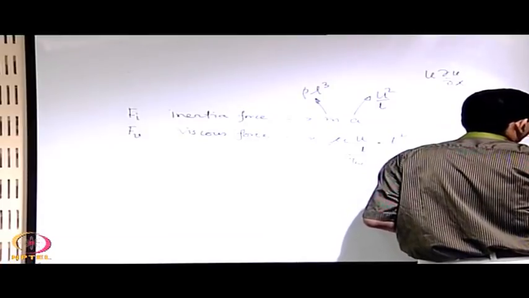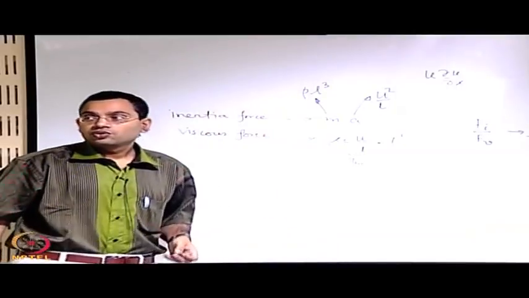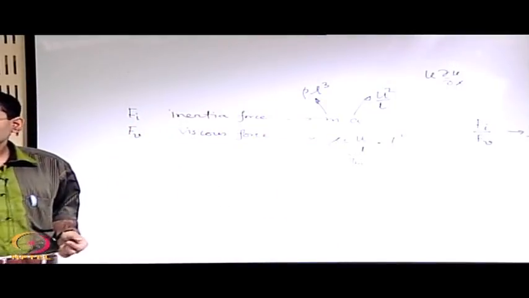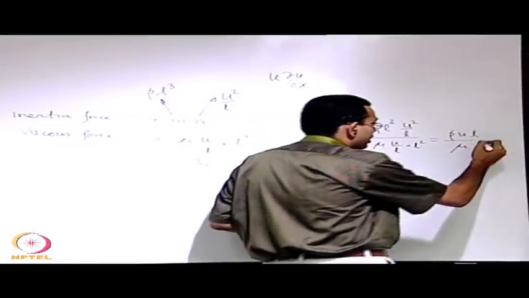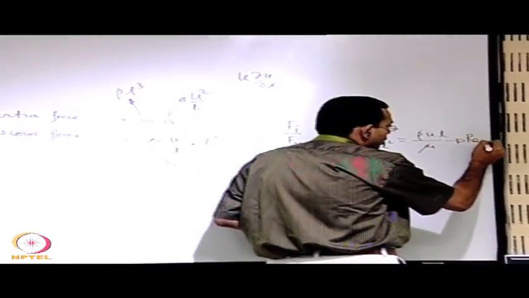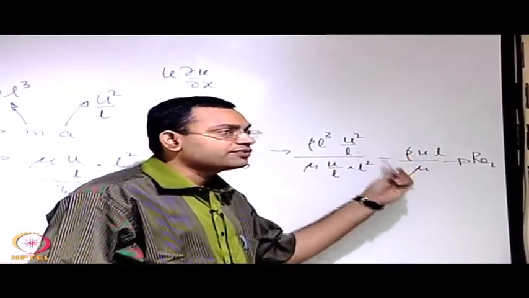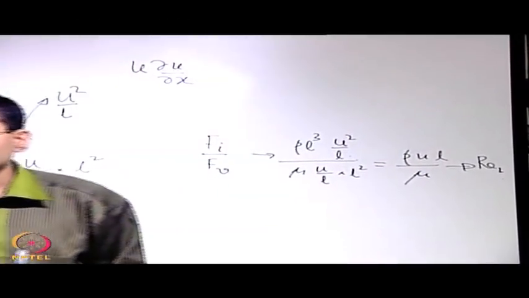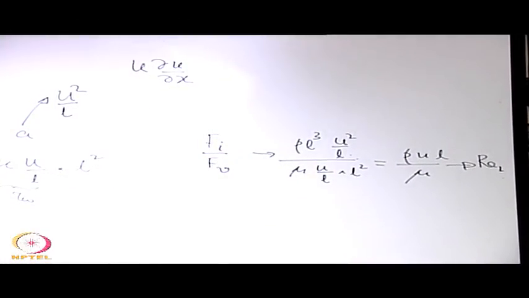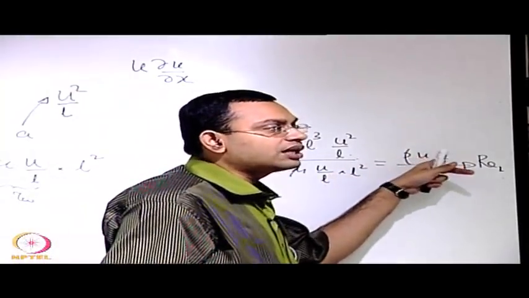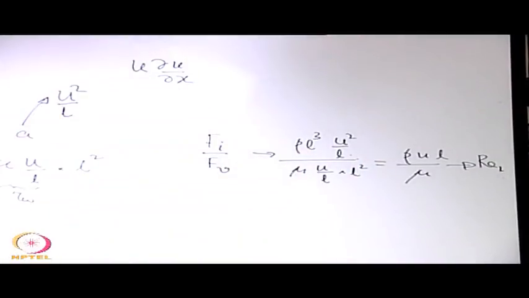So rho u L by mu, which is known as the Reynolds number based on the length scale L. Of course, when you are considering the flow through the tube, then the length scale L is the diameter of the tube and u is the average velocity, because u is varying over the cross section. So depending on the situation, you must have a fair idea of what velocity you put and what length you put for having an estimate of the Reynolds number of flow.